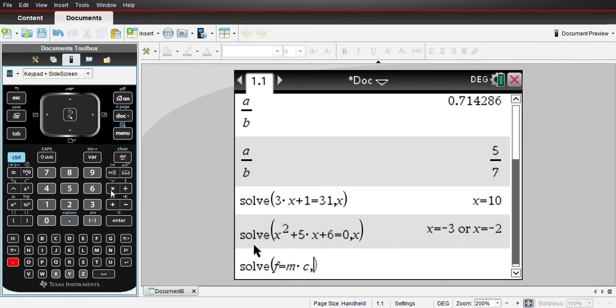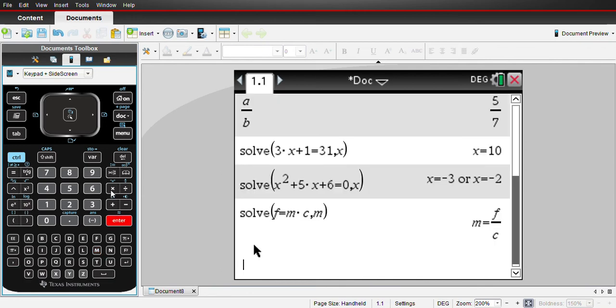So say for example I want to rearrange it for m, so now if I press this, so I put comma m, it will rearrange the equation. So that's a handy facility for you. So these are some of the benefits that we can do.